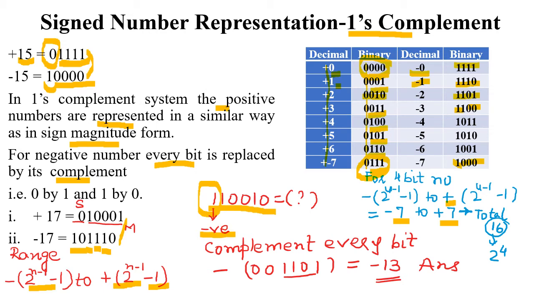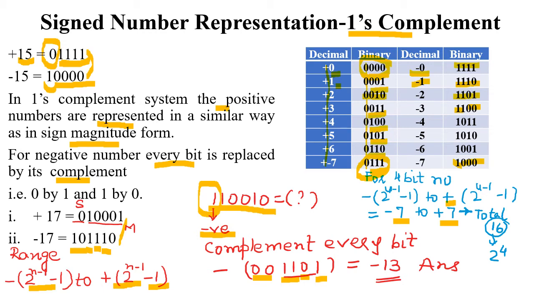Whenever the number is negative, you have to take the complement of every bit. Complement every bit: the 1s become 0 and the 0s become 1. So the first two bits are 1, corresponding to that we have two 0s, then we have two zeros, corresponding to that we have two ones, then 1 corresponds to 0, and 0 corresponds to 1.